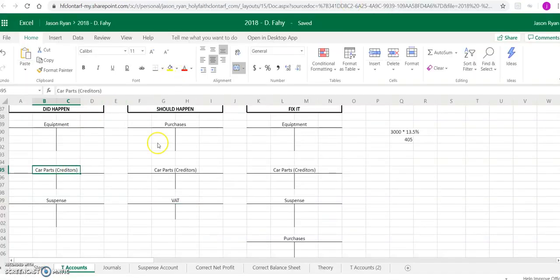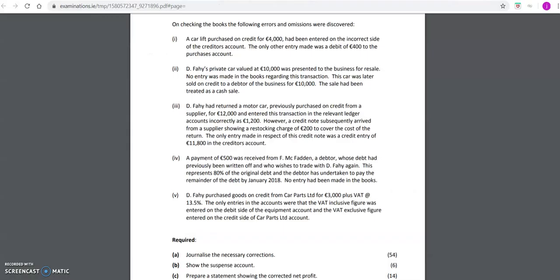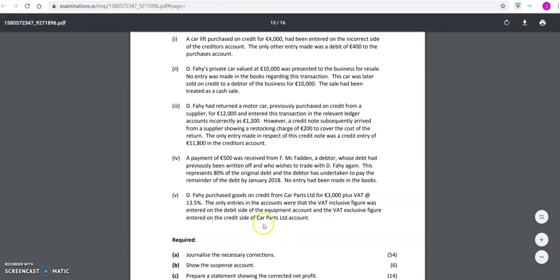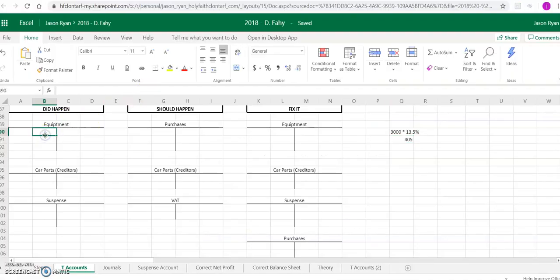We need to find out how much the VAT is. 3,000 is the purchases figure, and 13.5% is the VAT rate, so VAT is 405. So the VAT inclusive figure entered on the debit side is going to be 3,405.